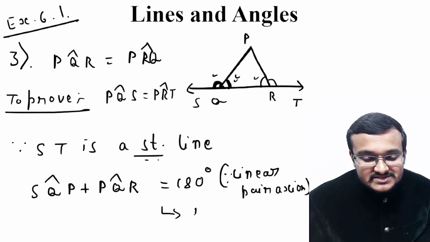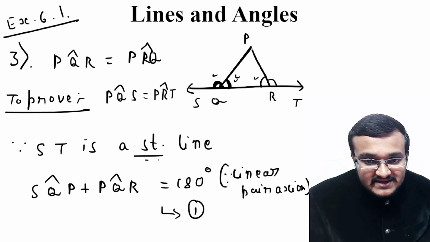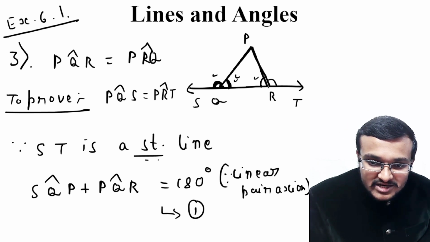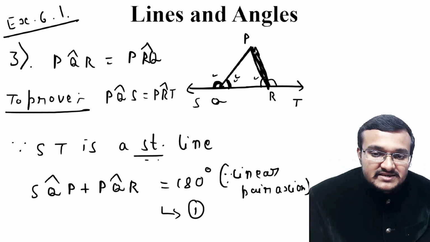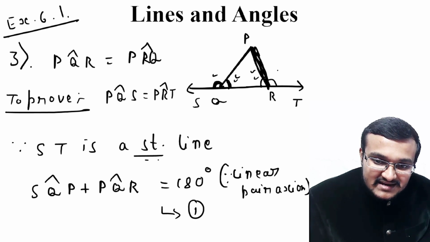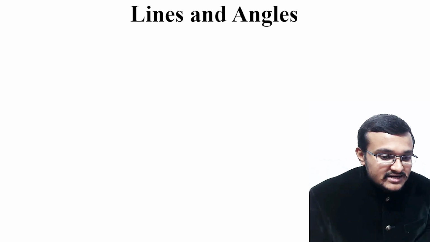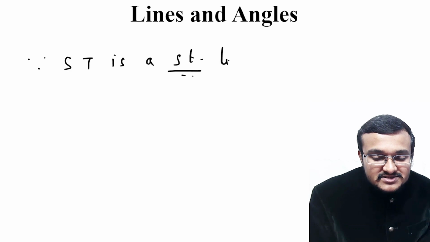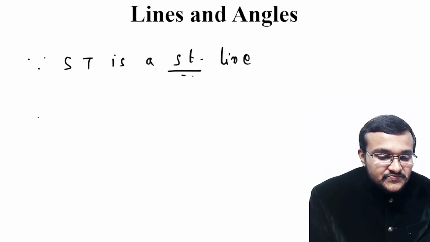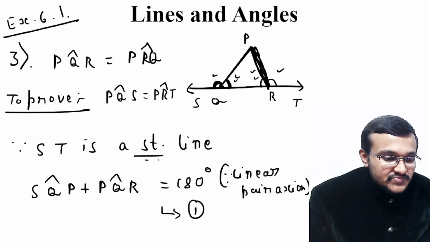We'll just call this equation 1. And since ST is a straight line, PR is also one line sitting on this ST. So if you add this angle and this angle, that should also be equal to 180 degrees. So that we will also write. Since ST is a straight line, here you can see PRQ and PRT.